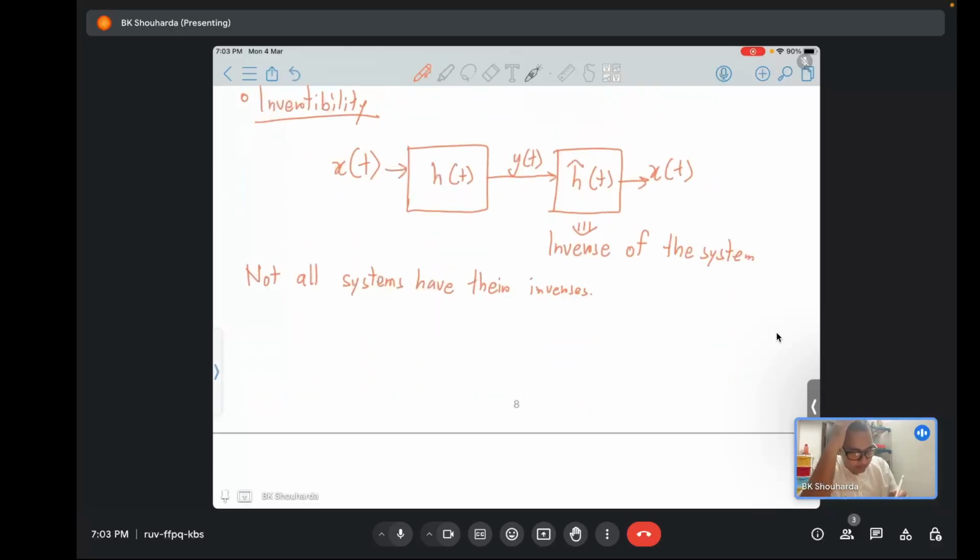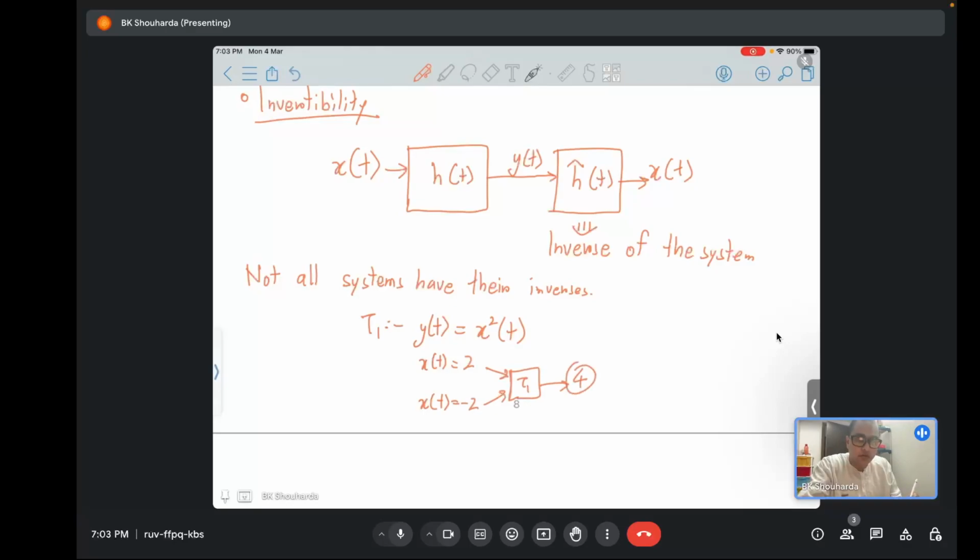For example, let's say you have a system T1 which satisfies this relationship, y(t) equals x squared of t. Okay, so you look at it. If I give x(t) equals 2, or I give x(t) equals minus 2 to T1, then the output will always be 4.